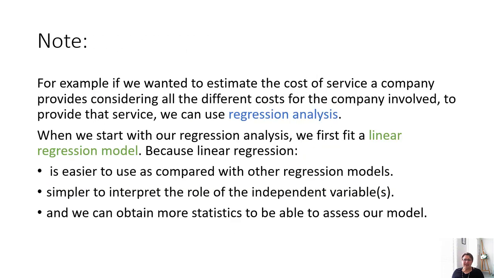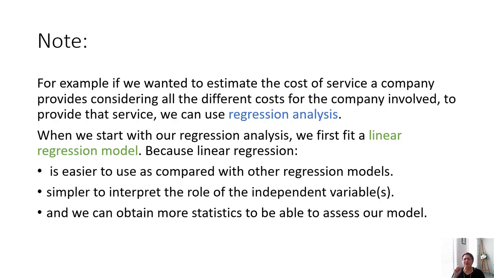Now, in data science, for example, if we wanted to estimate the cost of service a company provides, considering all the different costs involved to provide that service, we can use regression analysis. When we start our regression analysis, we first fit a linear regression model, because there are lots of other different regression models as well.